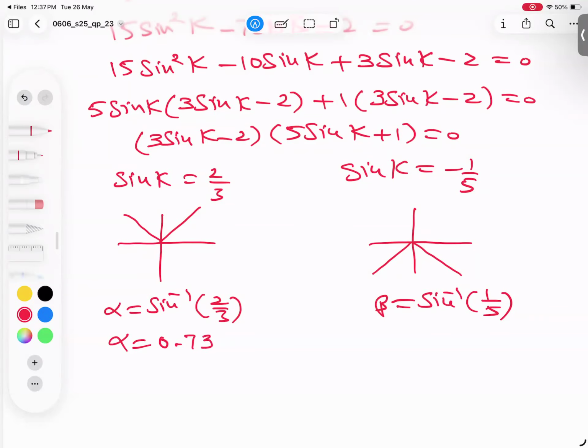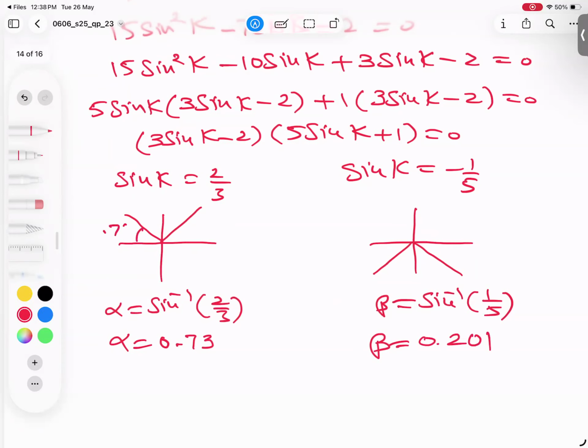The second value, sine inverse 1 over 5, I'm getting 0.201. So students, let's try the first one. Here I'm writing 0.73, here 0.73, here 0.201, here 0.201.